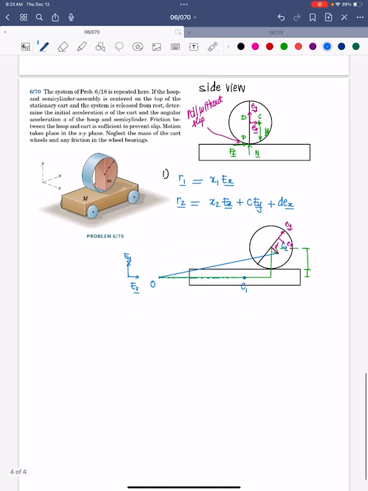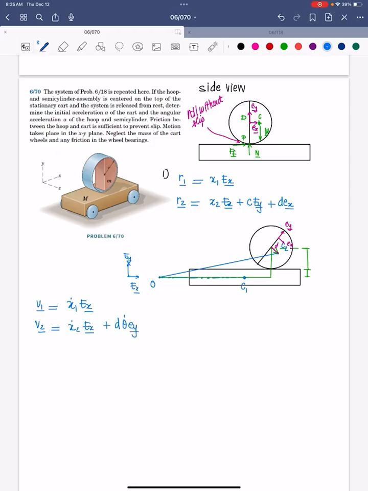So V1 is X1 dot EX. V2 is X2 dot EX, this constant goes away, and then plus D theta dot EY.